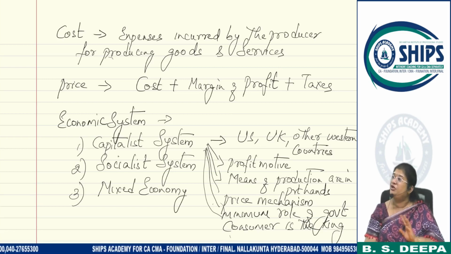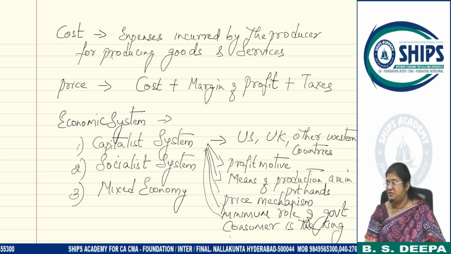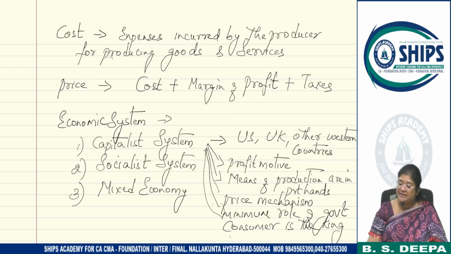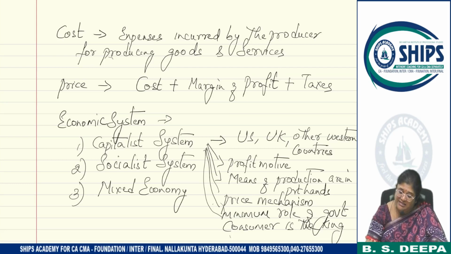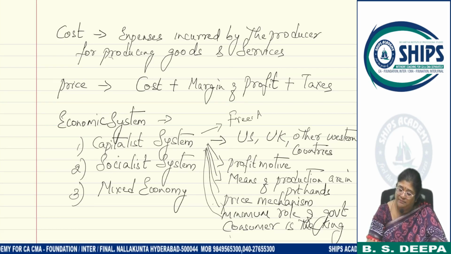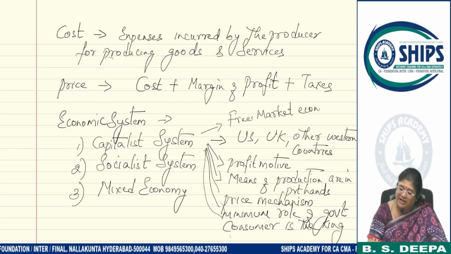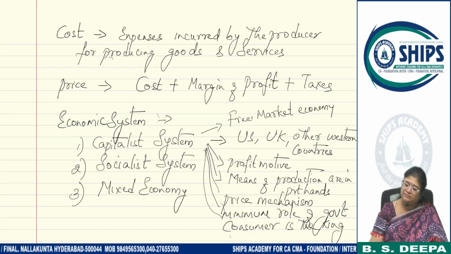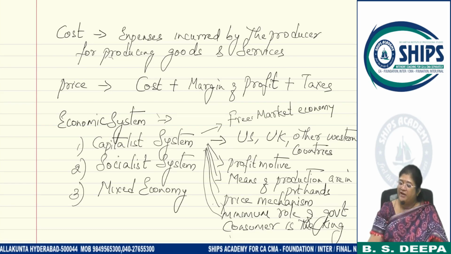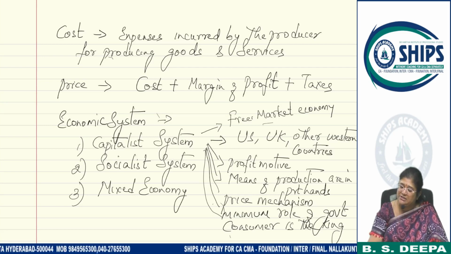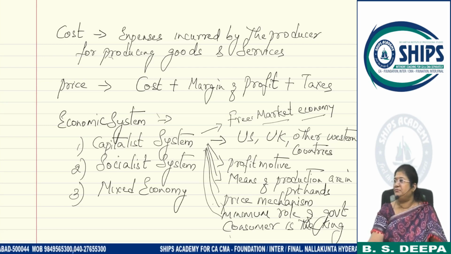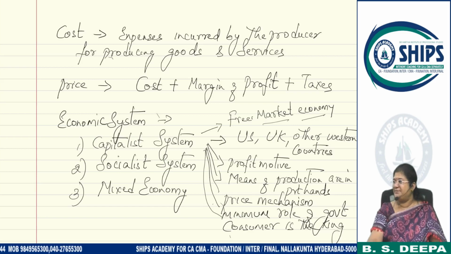Complete freedom of the consumer to choose anything he wants. That is why this capitalist system is also called free market economy, or just market economy, another name for the capitalist system.